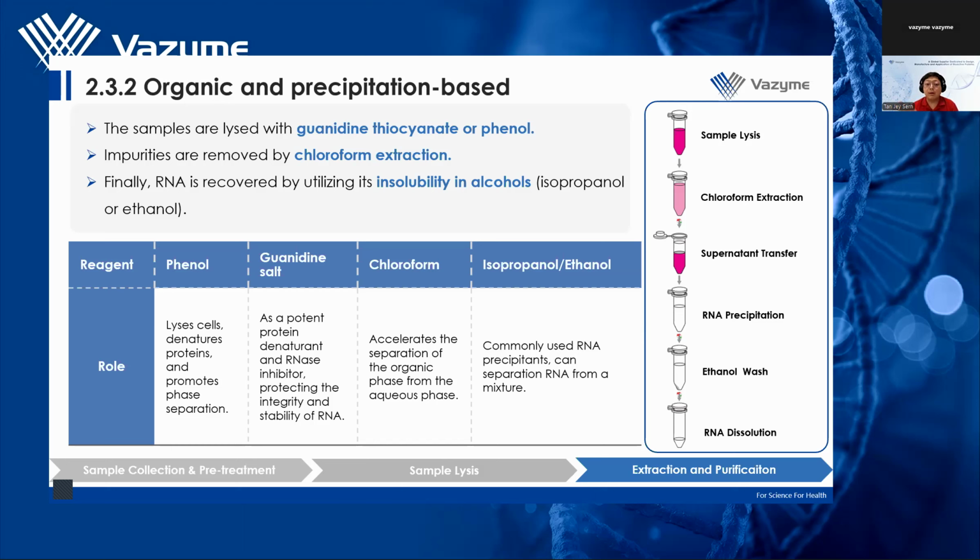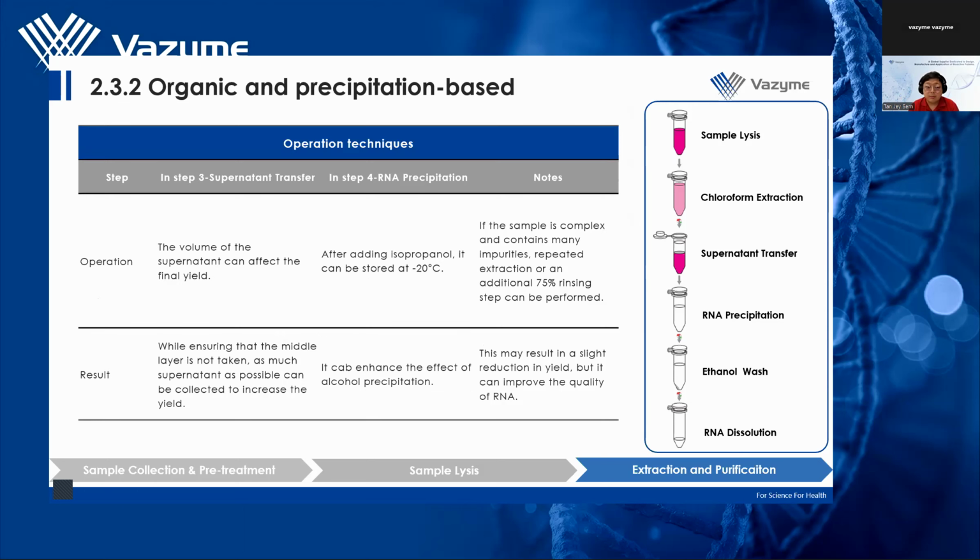Now, the method of extraction is based on a principle using guanidine salt or phenol to lyse cells, followed by chloroform extraction to remove the impurities, and precipitation with isopropanol and/or ethanol to obtain RNA. Given the complexity of the TRIzol experimental process, there are a few considerations to take note of.